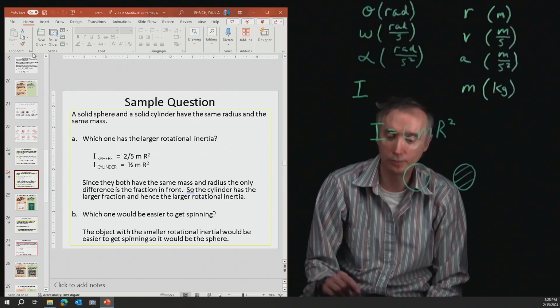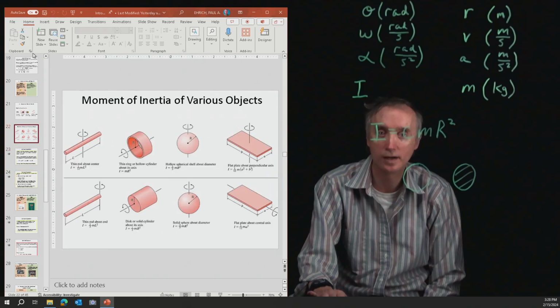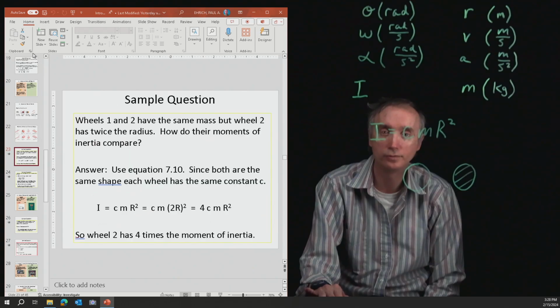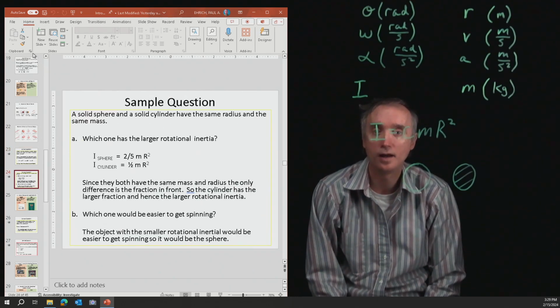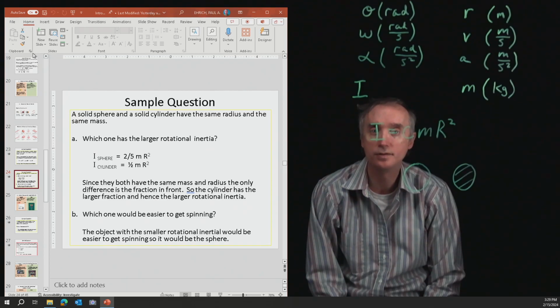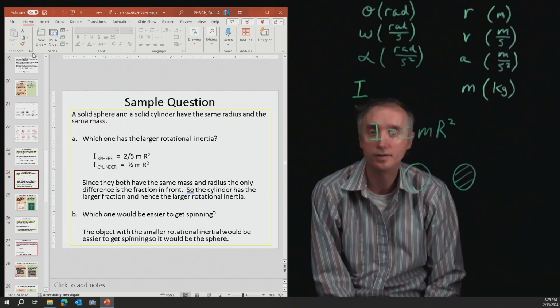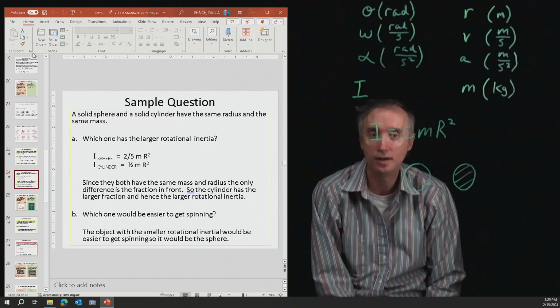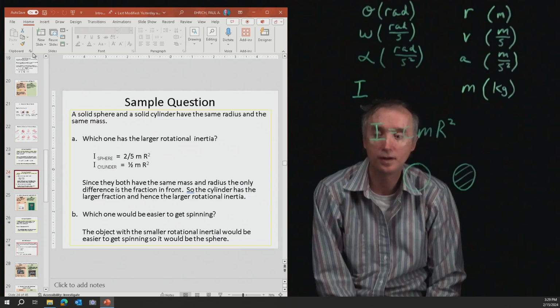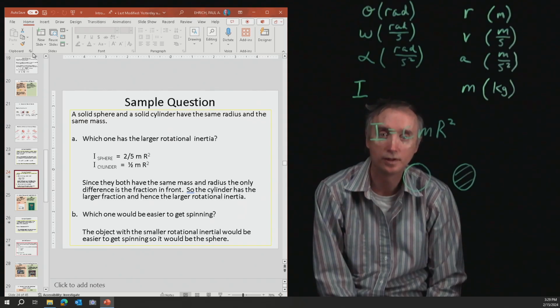We look up on this page here, for the solid sphere and the solid cylinder, and we find out what their moments of inertia are. One of them is 2/5 mr squared, but the other one is 1/2 mr squared.